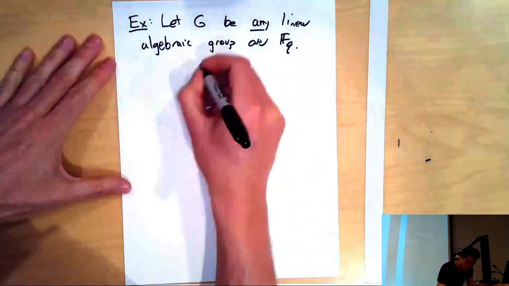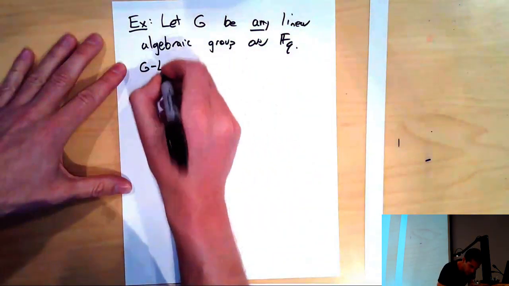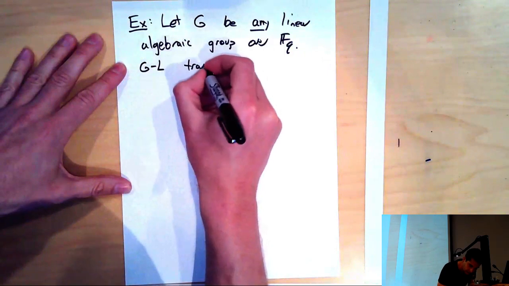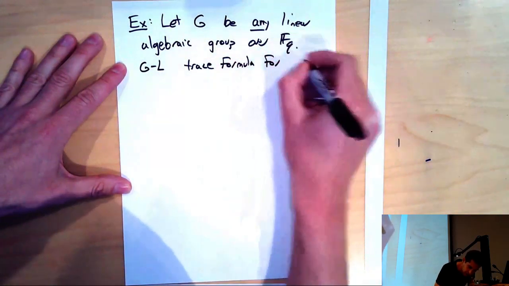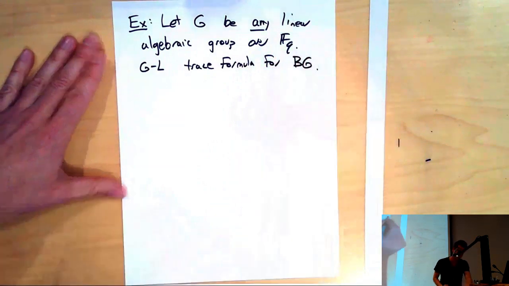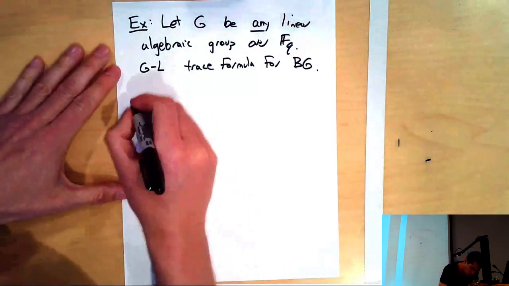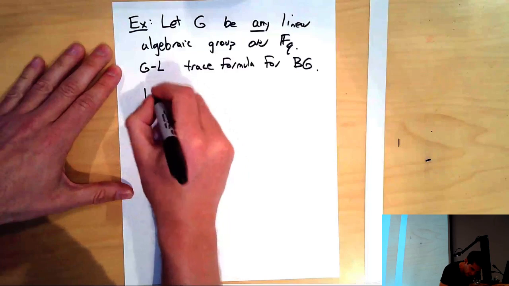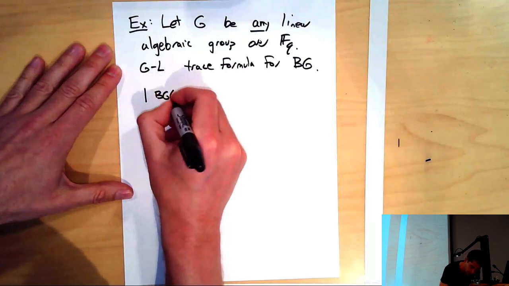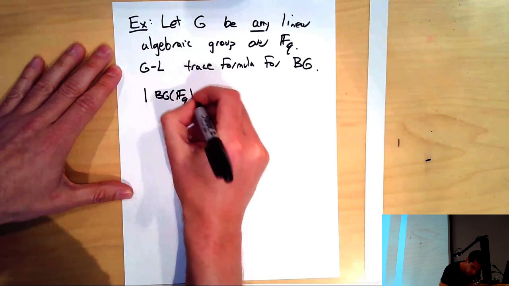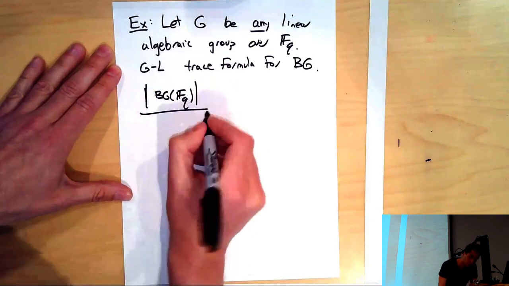And let's see what the Grothendieck-Lefschetz trace formula would say about, or sorry, not about G, but for the classifying stack BG. So what does it say? Well, on the left-hand side, we would have the number of Fq points of BG counted with multiplicity.